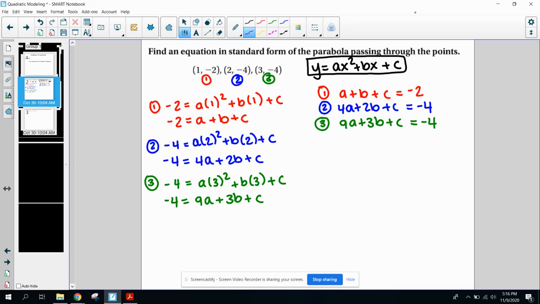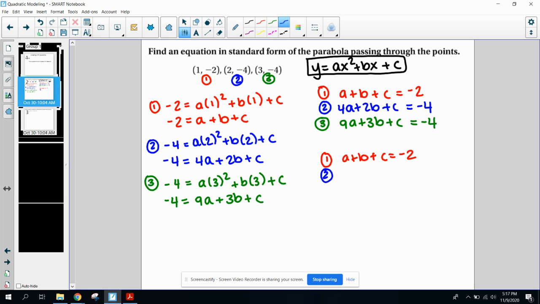So just like before, we're going to use 2 at a time and we're going to cancel out one of the variables. So I'm going to start by doing equation 1 and equation 2. So equation 1, I have a plus b plus c is equal to -2. And then what I'm going to do with equation 2 is, because they're both positive c's, I need to multiply the entire second equation by -1, so that way I can just add it.